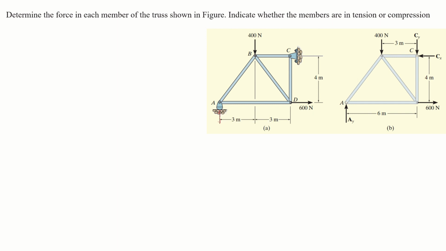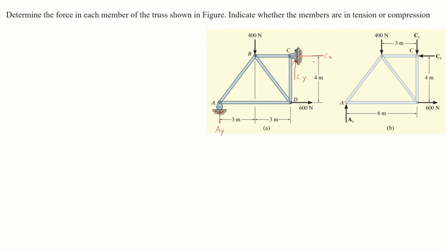So we have only one reaction at point A because it only prevents the vertical motion and it allows the horizontal motion. And at point C we have a pin connection. A pin connection prevents horizontal motion and also vertical motion, CY.